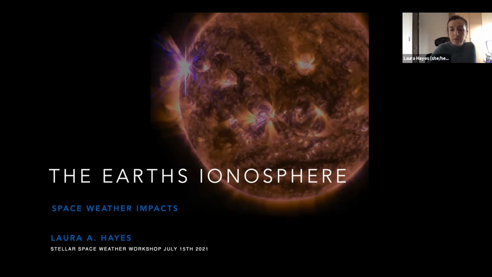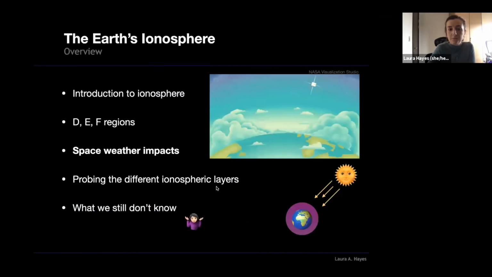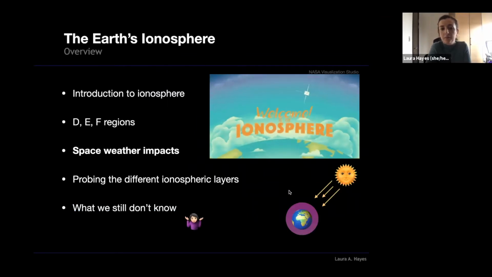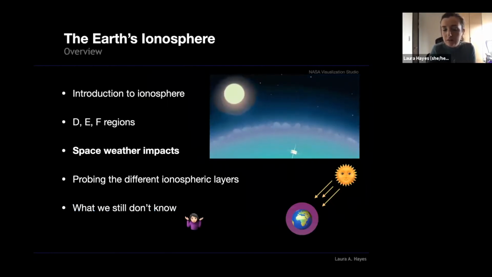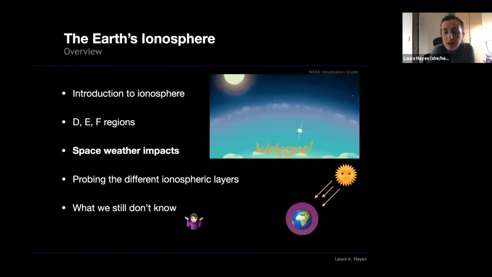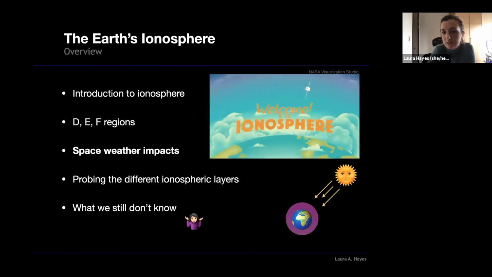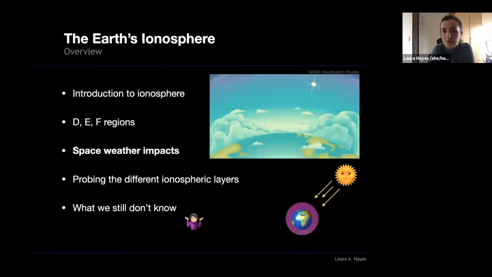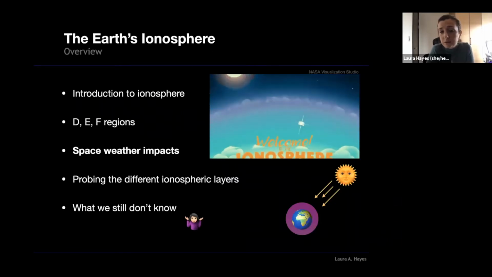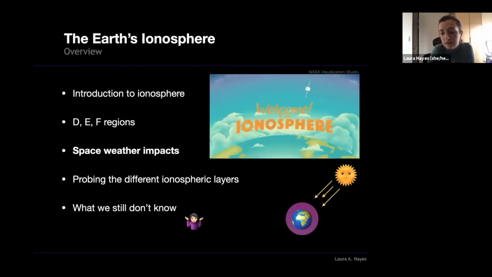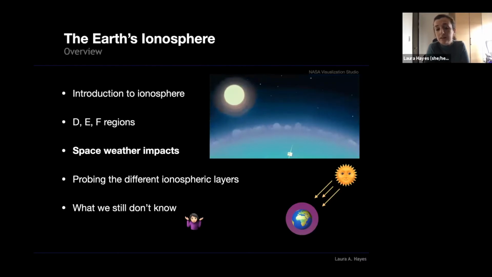So here's just a little overview. It's going to be quite a high-level talk of what the ionosphere is, an introduction to it. I'll talk about the different regions of the ionosphere, the D, E, and F region, their different characteristics and how they're all differently impacted by solar flares and how we can probe them. I'll talk about the space weather impacts of these different regions and how those adverse effects can happen.